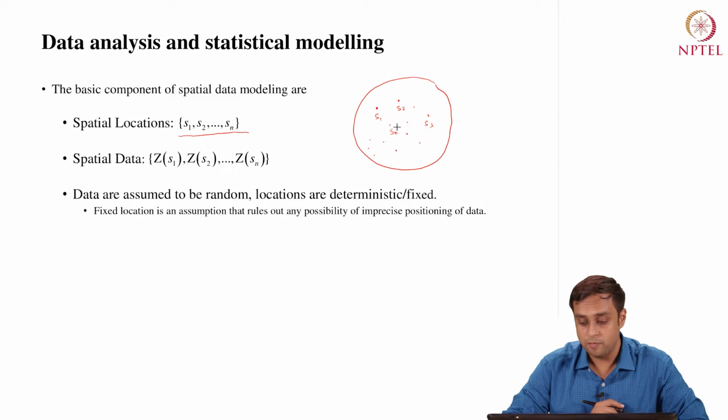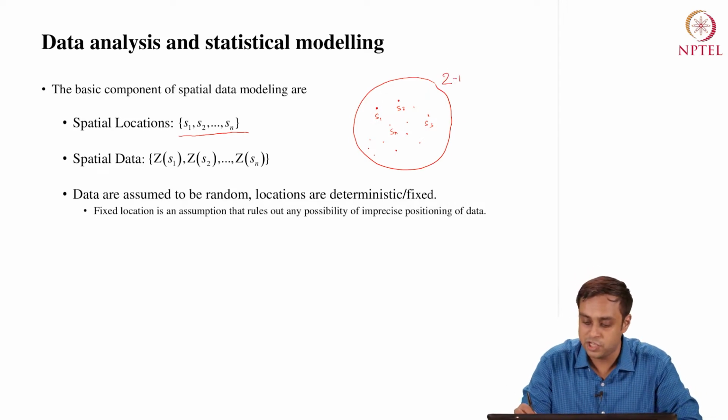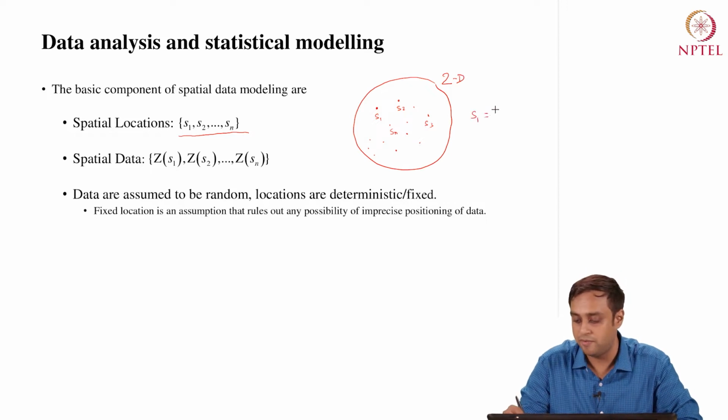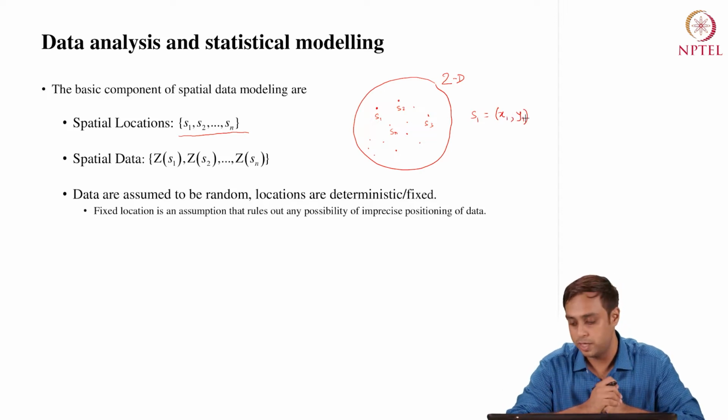Each location will have a coordinate system. For example, if this is a two-dimensional domain, then S1 will have an x1 coordinate and y1 coordinate, also known as latitudes and longitudes in remote sensing science, right?